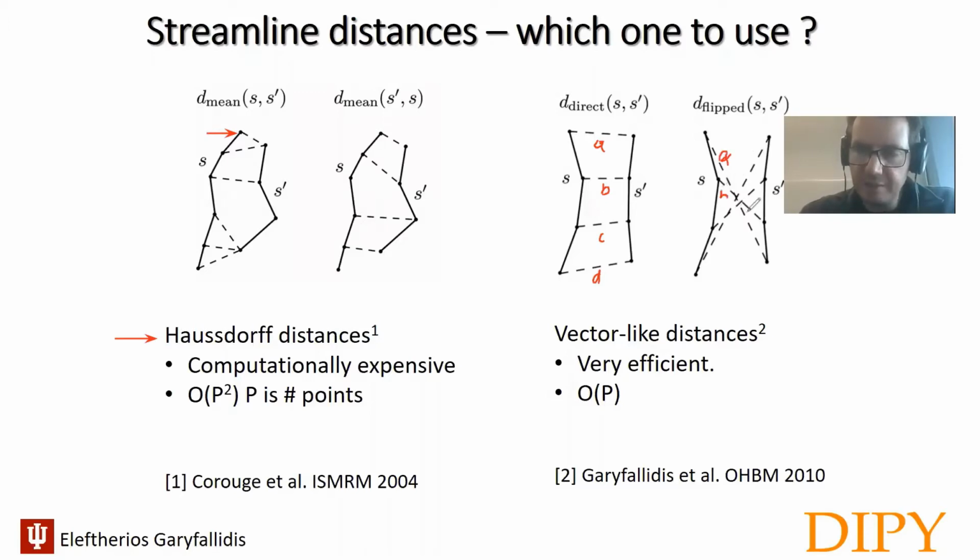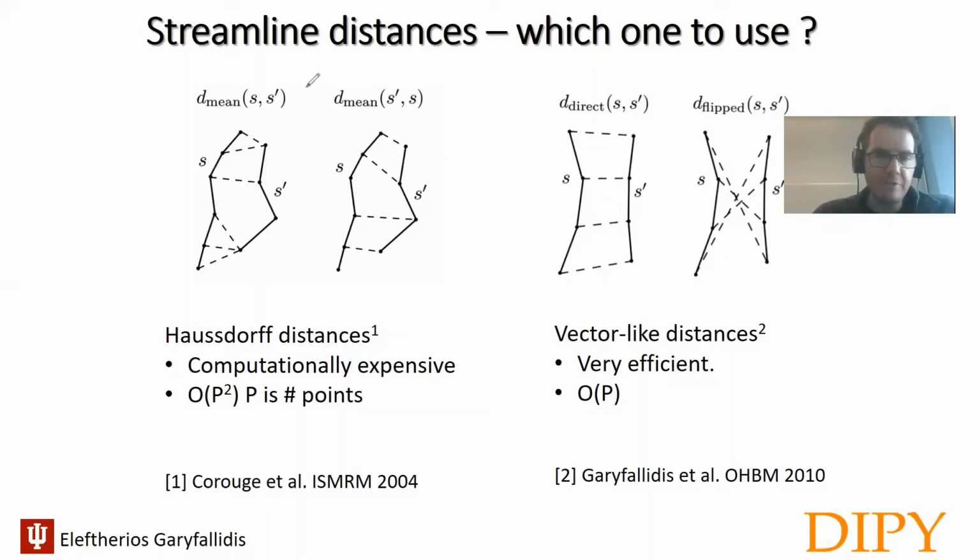A, B, C, D. At the end, if you calculate an average distance of those, it will be very different in the direct case than the flipped case. But you have the advantage that this is very efficient, and the complexity now is linear when you calculate these distances.